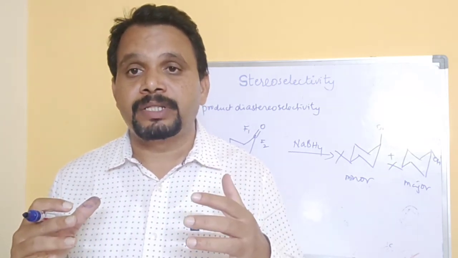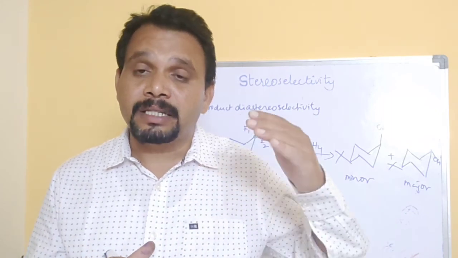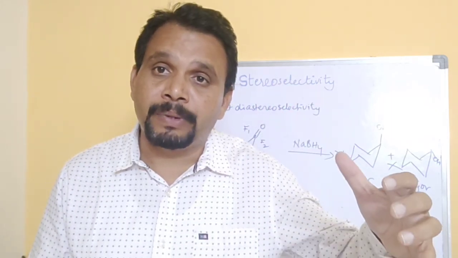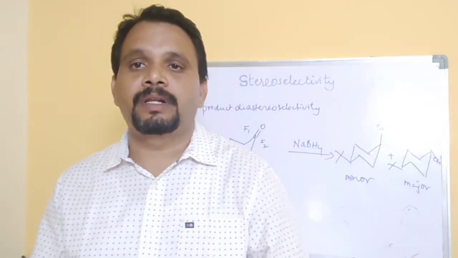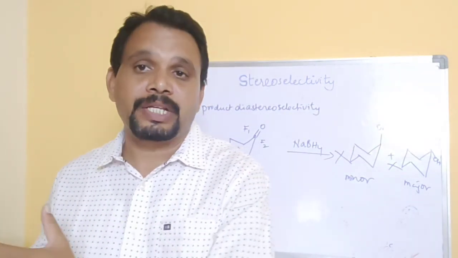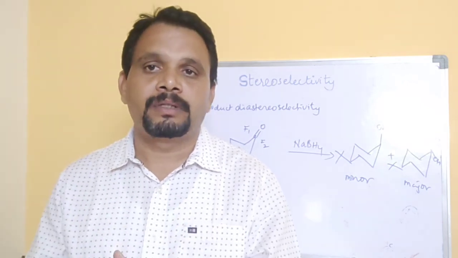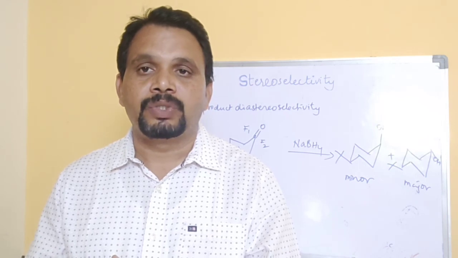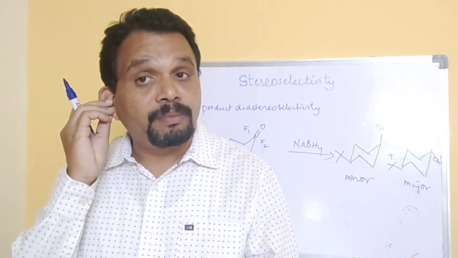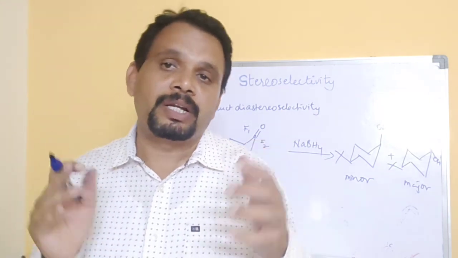Chemoselective reaction means the reagent reacts on one functional group predominantly over the other possible functional group. So that gives the corresponding product or isomer predominantly. That is chemoselectivity. It concerns the functional groups.